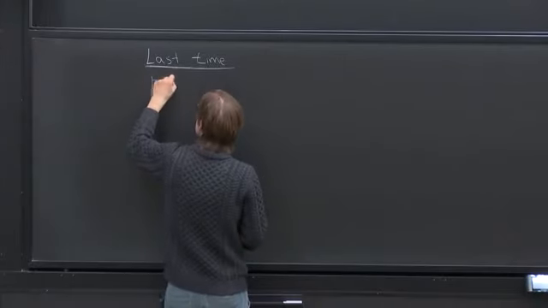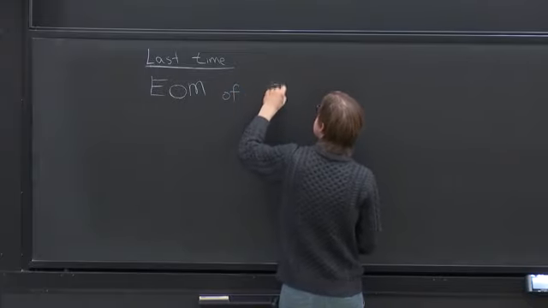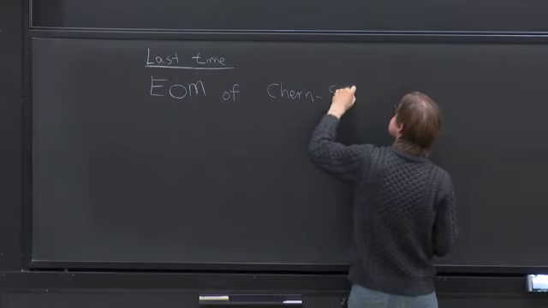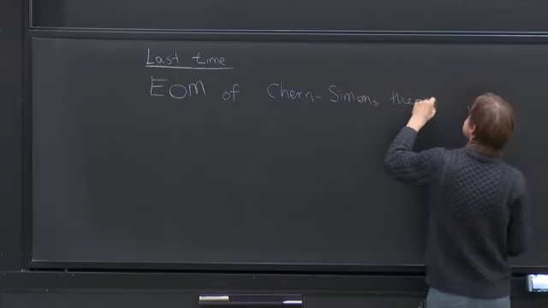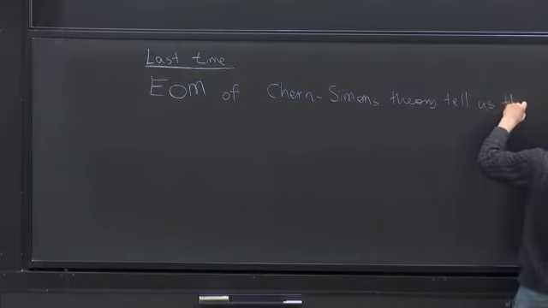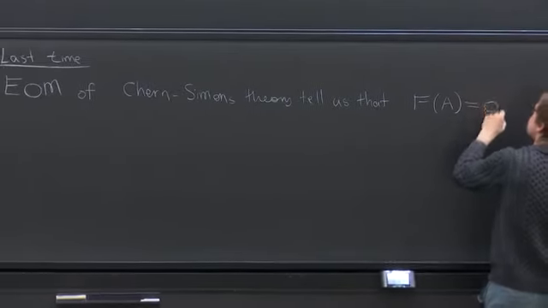So last time we saw that the equations of motion of Chern-Simons theory tell us that the field strength is 0.